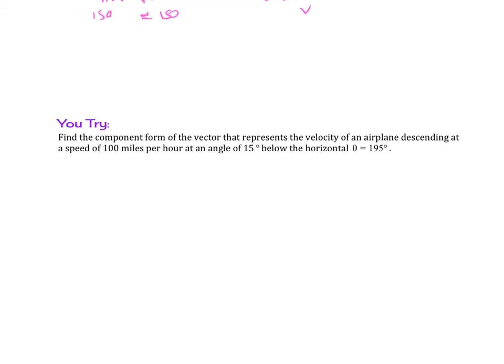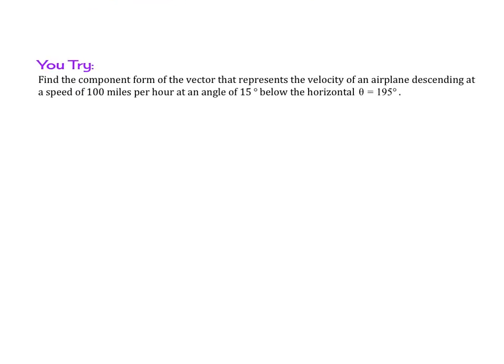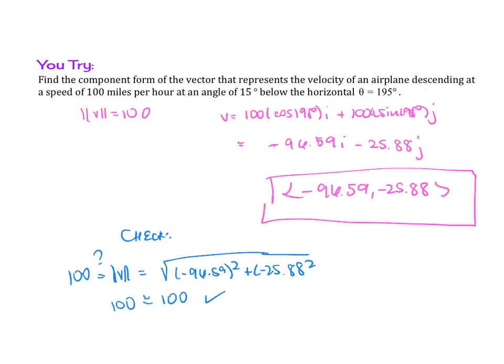So try this example here. Find the component form of the vector that represents the velocity of an airplane descending at a speed of 100 miles per hour at an angle 15 degrees below the horizontal. It actually gives us theta for us. Theta is 195 degrees, so 180 plus 15 is 195 degrees. Try this out. All right, the magnitude of v is 100, so you plug that in: 100 times cosine of 195 degrees i, plus 100 sine of 195 degrees j.